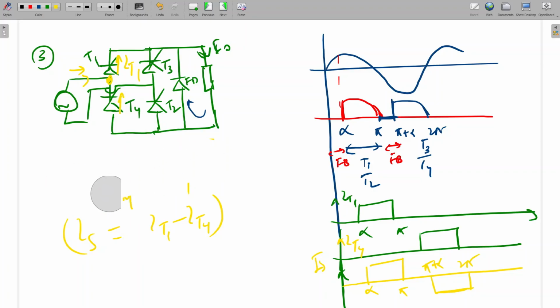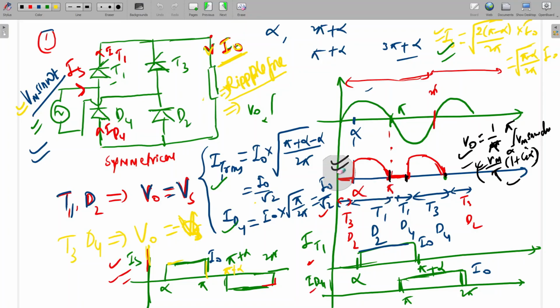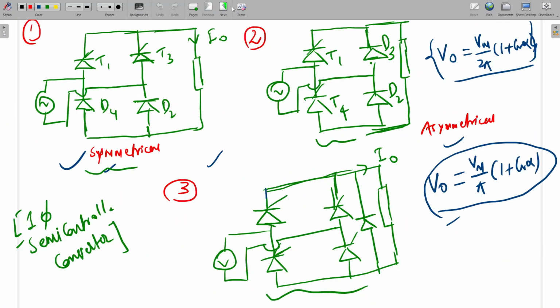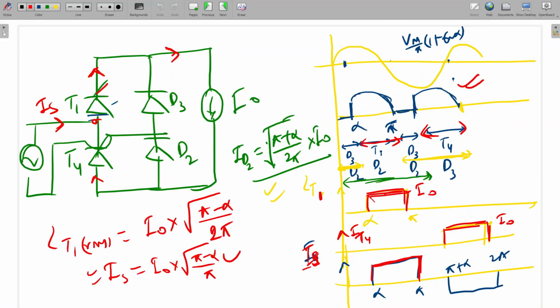One thing we can observe is that two things are the same in all cases: the output voltage and the source current. See here, the output voltage is this one and the source current is this one. Here also the output voltage is this one and the source current is this one. And in the other case too, the output voltage and source current are the same. The changes will be in the diode and thyristor currents, but the output voltage and source current will be the same.